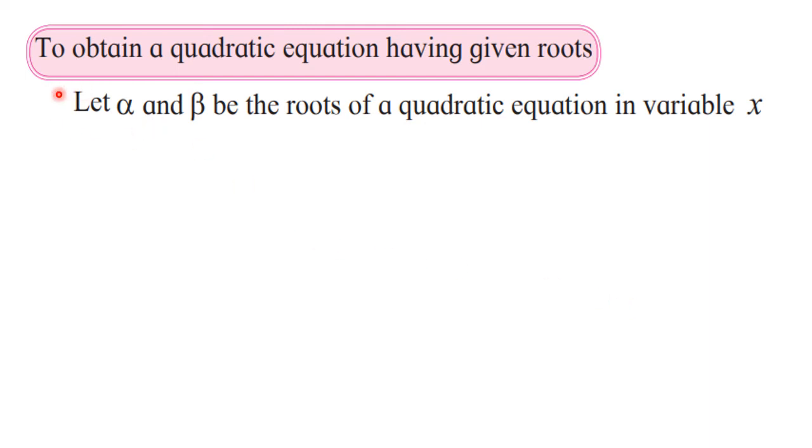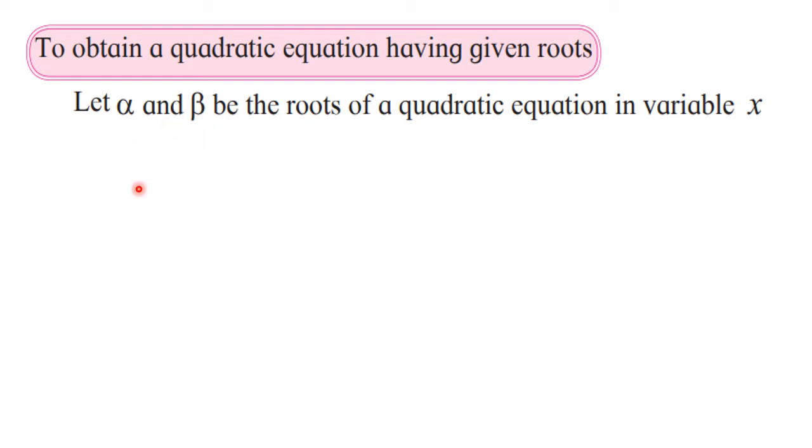The next topic is to obtain a quadratic equation having given roots. Okay. So alpha and beta are the roots of the equation, the equation we are taking generally in variable x only, that is ax square plus bx plus c is equal to 0. Okay, we have seen how the roots are alpha and beta. Then if we know the roots, then we can frame the equation.